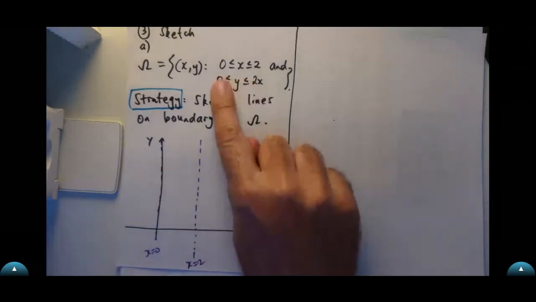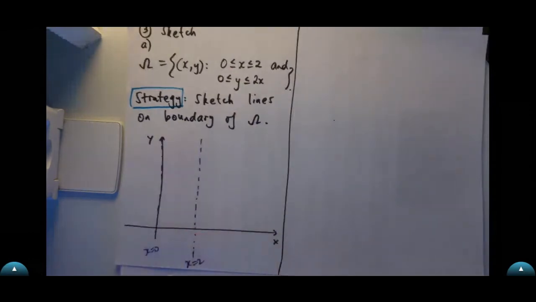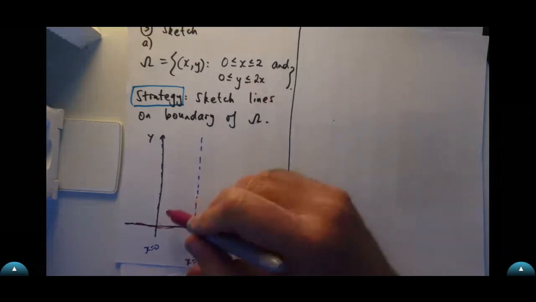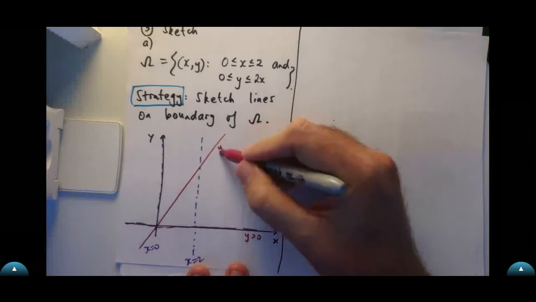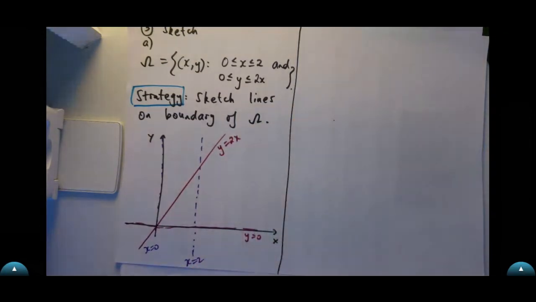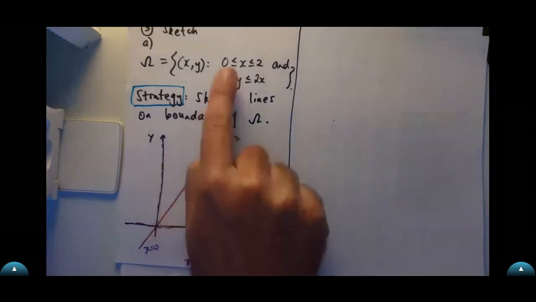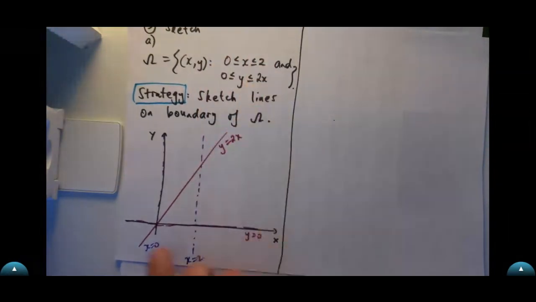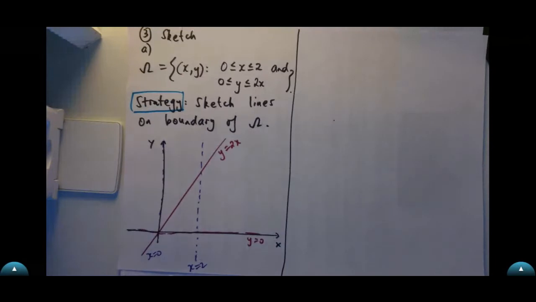And the line y equals 0, well, that's just the x-axis. And then you've got the line y equals 2x, which is going to look something like that. Okay, so what I've done is I've just sketched the boundary lines.